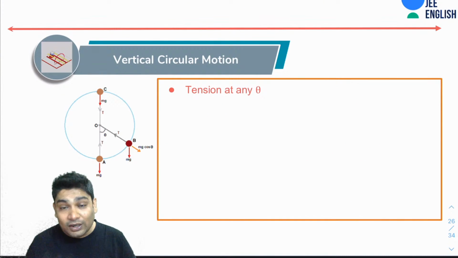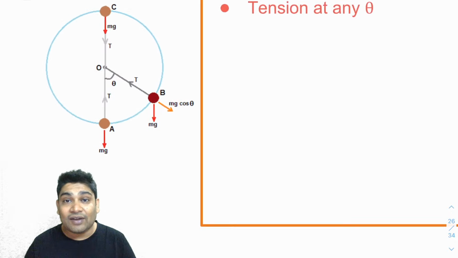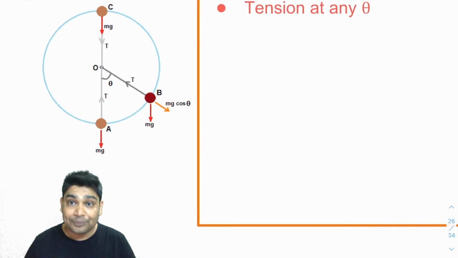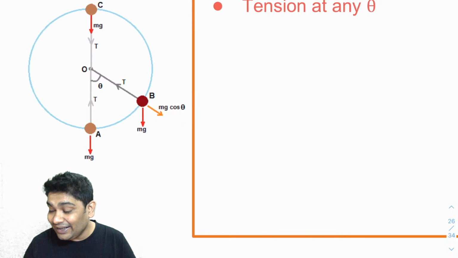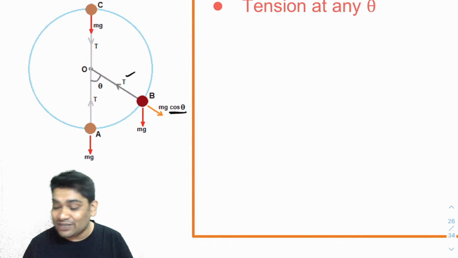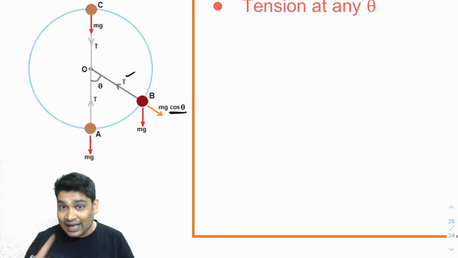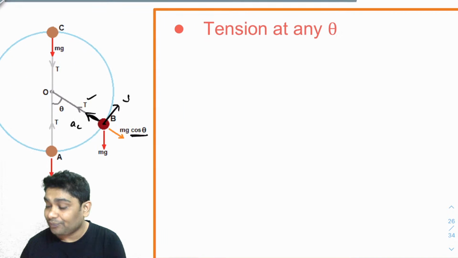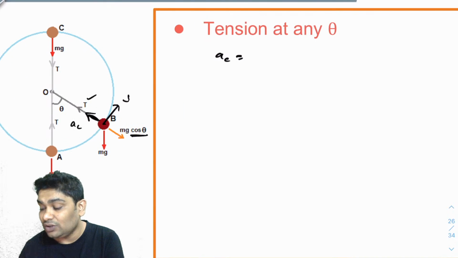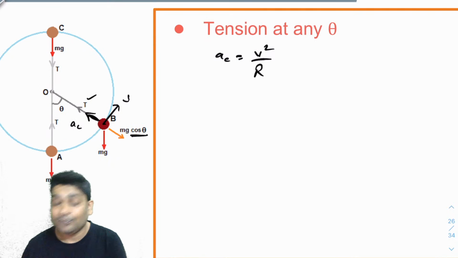Next, let's talk about tension at any point. What happens if I wanted to calculate tension at theta? For that, all I need to do is take this component of mg, and this is my T. Now I know this object has a centripetal acceleration. If it is moving with v, then the centripetal acceleration a_c equals v square over r.